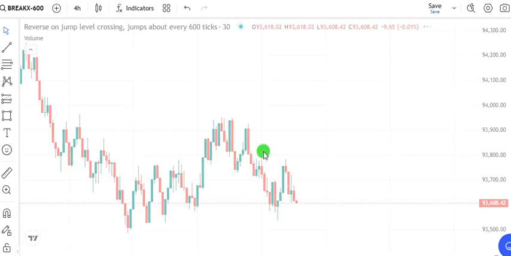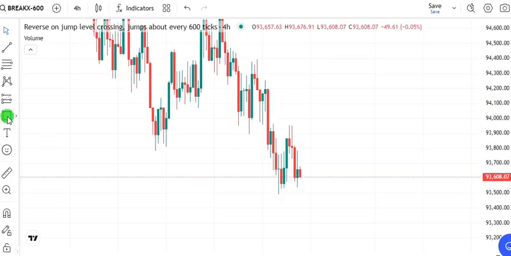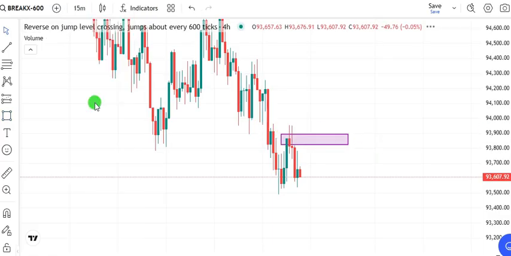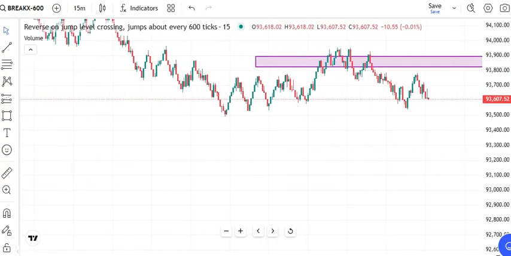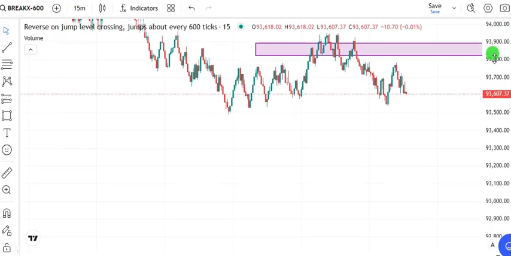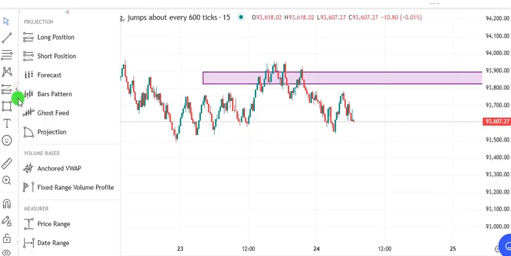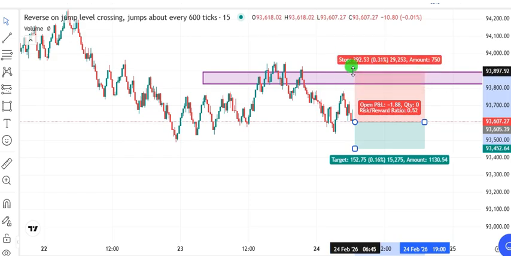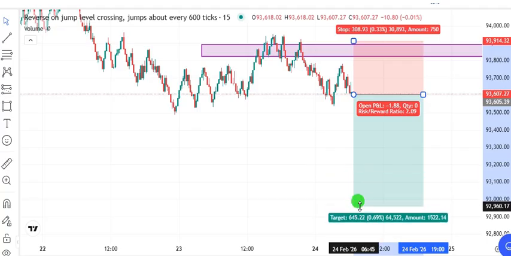Okay, on the 4-hour chart for Break 600, you can see right here. Let's go back to the 15-minute chart. On this one, I'm currently short. Here is my short setup, right here, with the stop loss at this level, then take profit at 1:2.